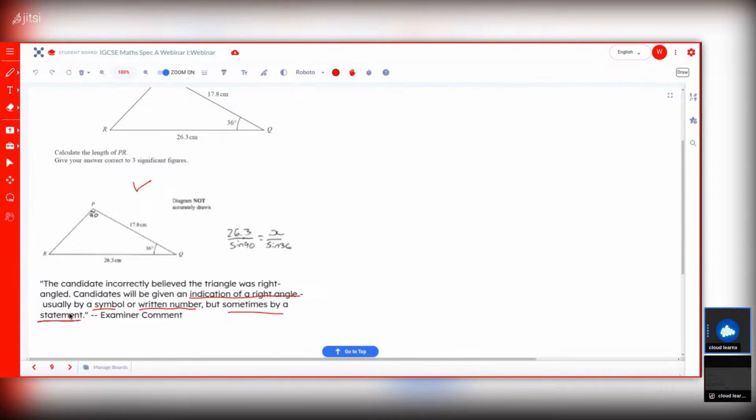Now that happens rarely, right? If it's a right angle, they're not going to try and penalize you by hiding it in the question. They'll pretty much draw the symbol almost all the time. So if that's the case, do not assume. Stay away from assuming, right?